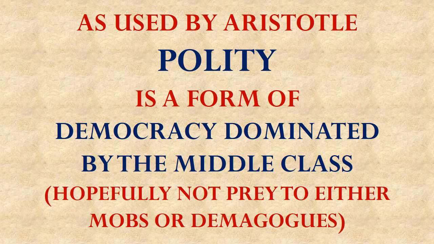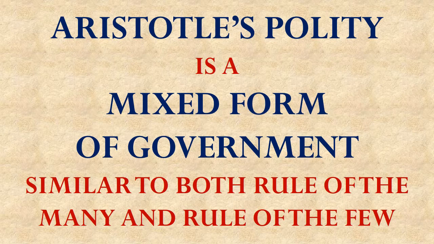So he imagined a popular government that would be dominated by a particular group within the community, the middle class, who he supposed would be less prone than other groups to ignorant and or selfish governance. Aristotle's polity can be called a mixed form of government, which has characteristics of more than one of his basic categories. While its power is rooted in the many, it is controlled by the few.